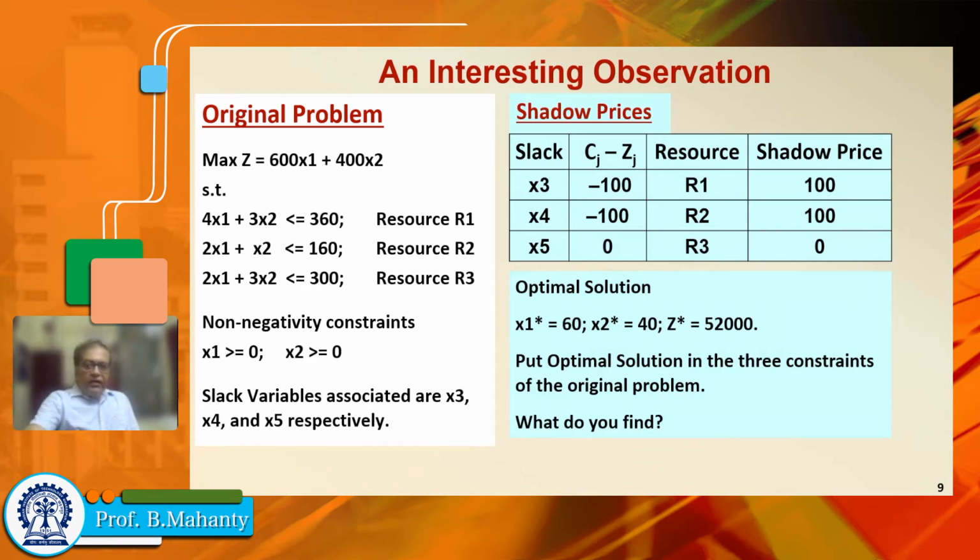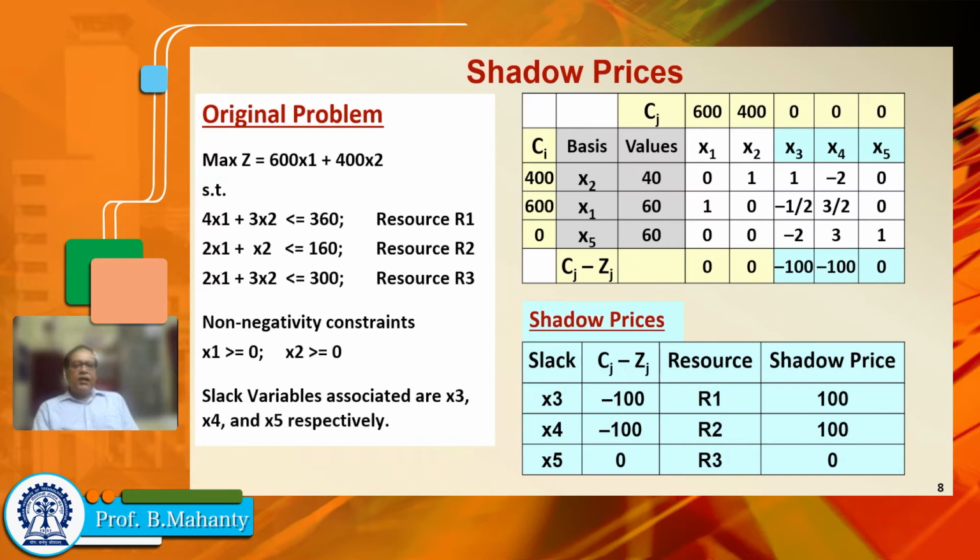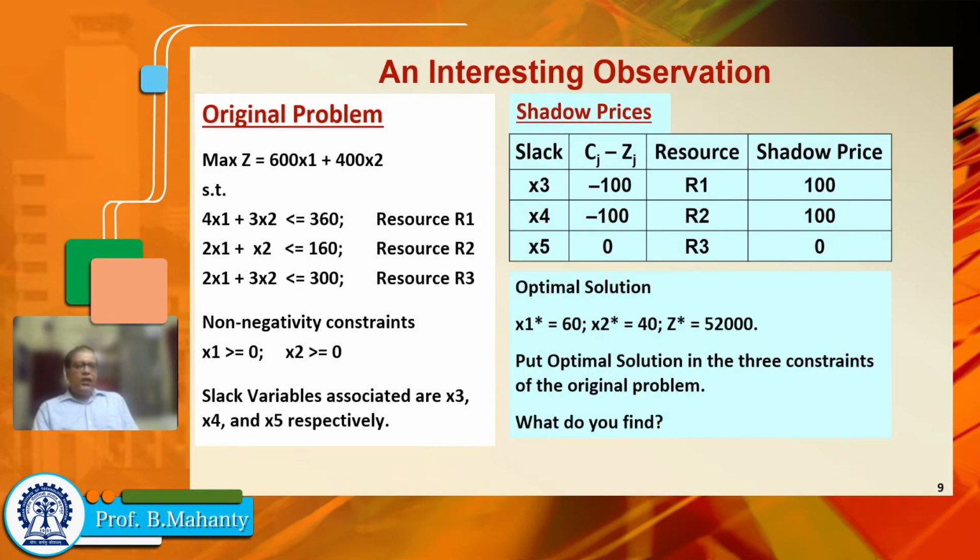And if you go back to our final solution, can you see that x3 equal to 0 because that is non-basic, x4 equal to 0 because it is non-basic, and x5 equal to 60? Right? Just look here, the final solution x5 equal to 60. And here what you got? 2x1 plus 3x2 equal to 240.